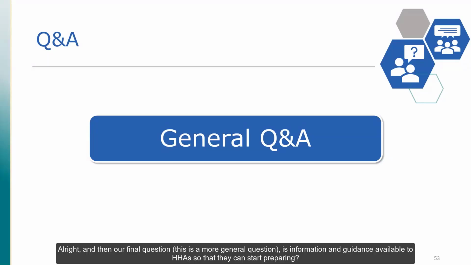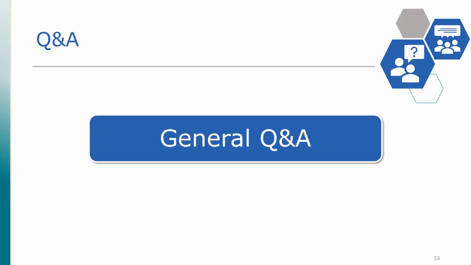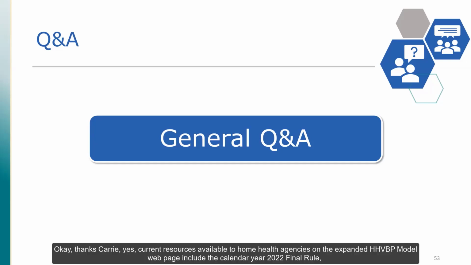All right, and then our final question, this is a more general question, is information and guidance available to HHAs so that they can start preparing? Okay, thanks, Carrie. Yes.